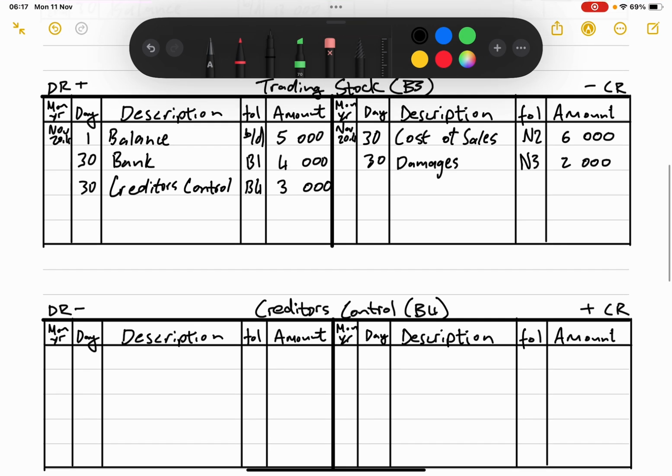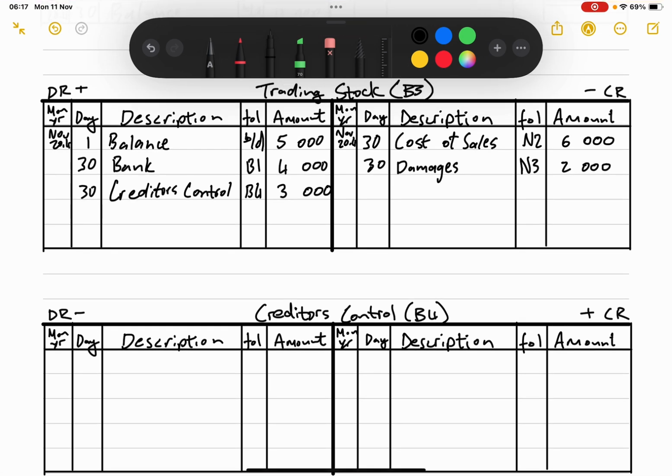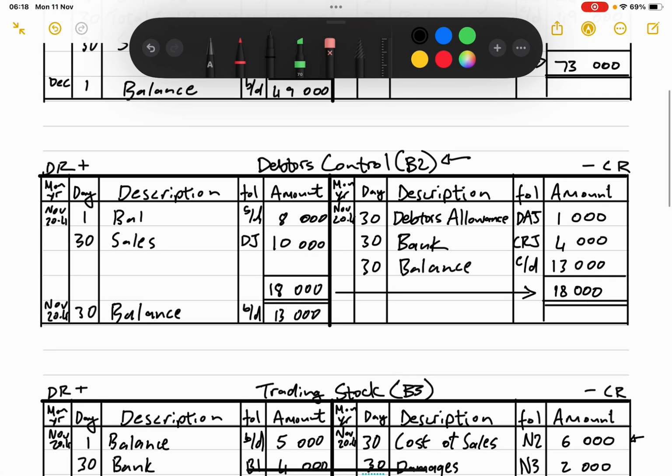Then this cost of sales was probably cash sales, but where else do we sell stuff? To our debtors, right? So in our debtors control, we'll probably have a cost of sales as well. And this cost of sales could be, let's make it realistic.